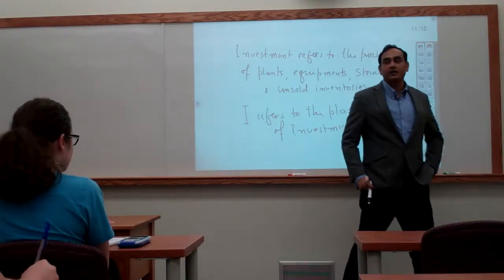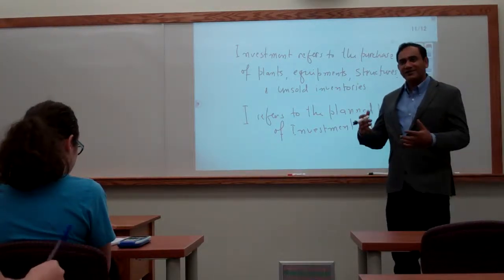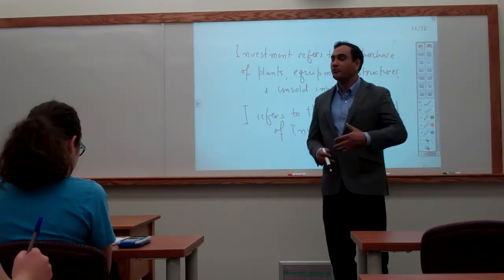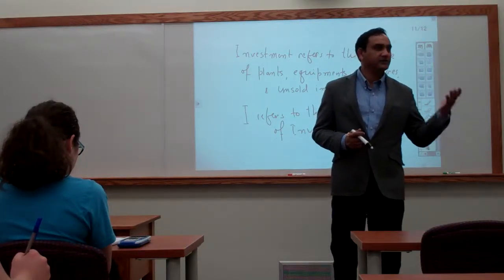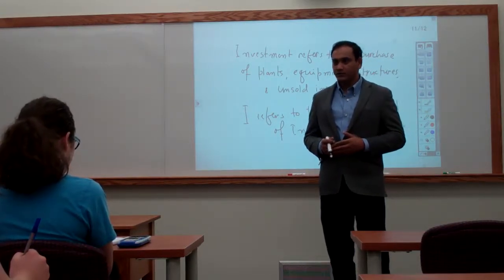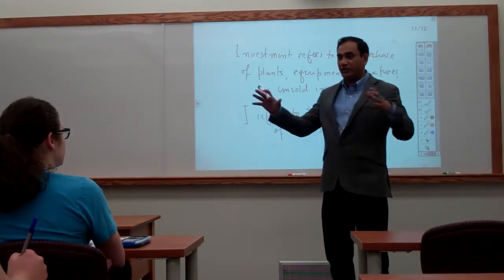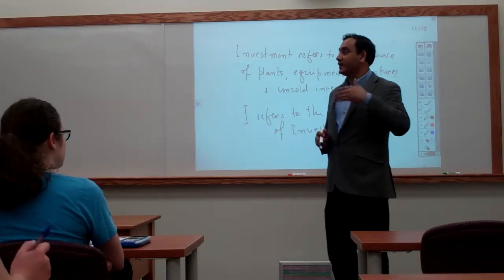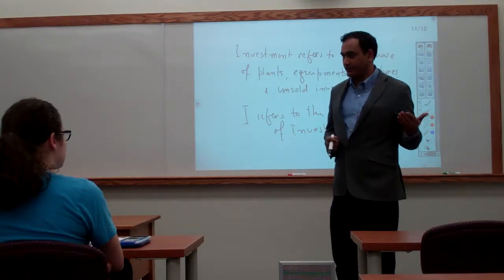Now, with planned or desired investment, firms plan ahead of time how much they are going to invest. They'll know what their investment would be next year. They make plans to expand their plant size, build a new plant, or buy new tools, things like that. They make all those decisions ahead of time. So we can call it the planned or desired level of investment.